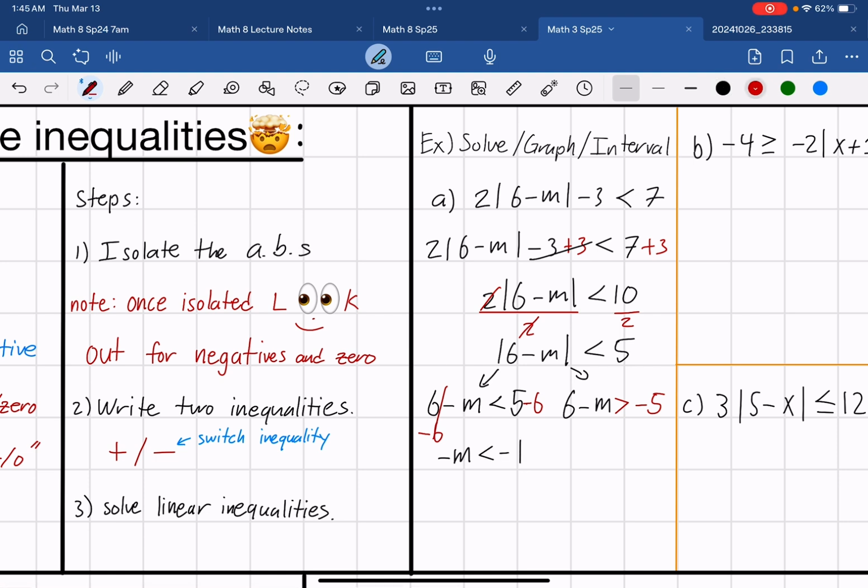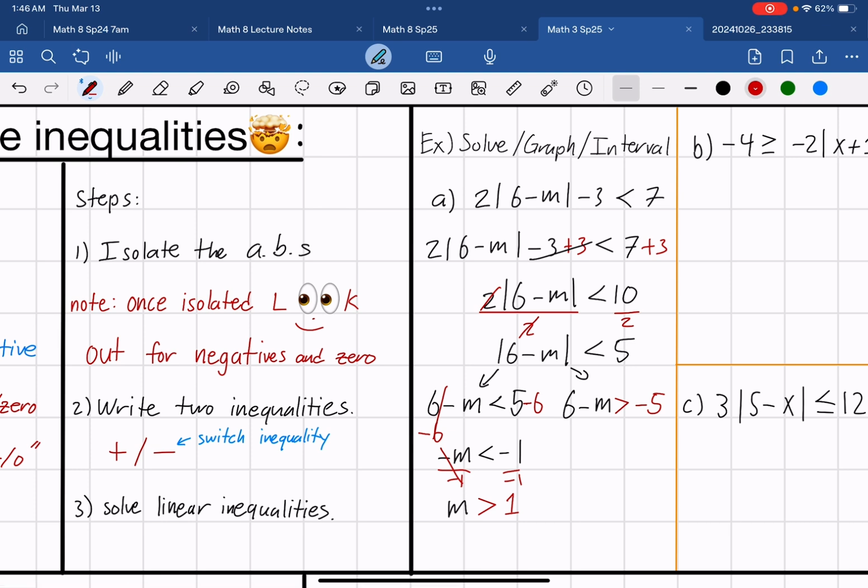And now I am going to divide by negative 1 on both sides. And because I'm dividing by a negative, that's going to trigger the idea of switching the inequality. And negative 1 divided by negative 1 is positive 1.